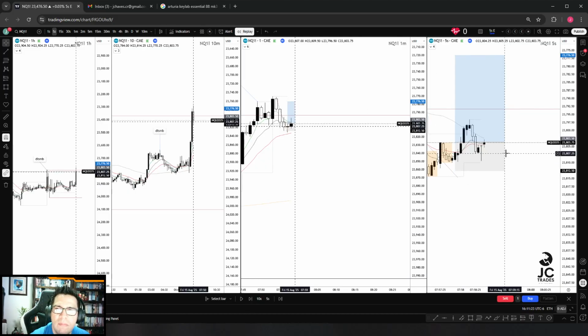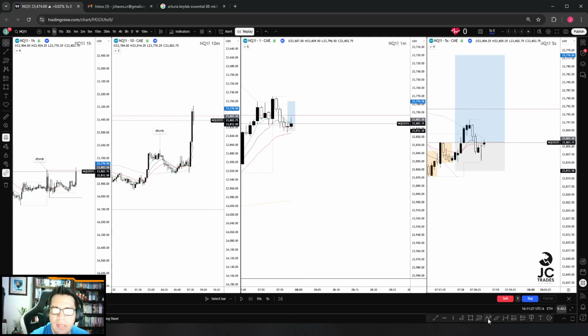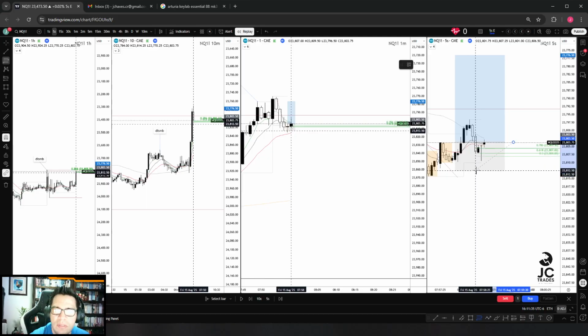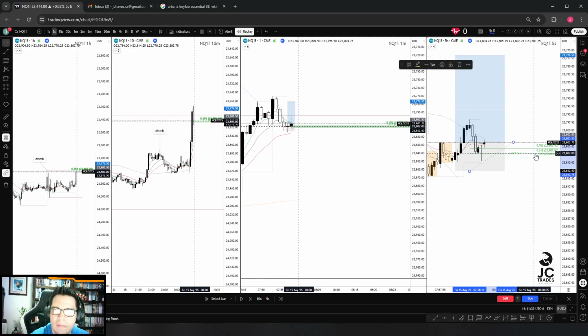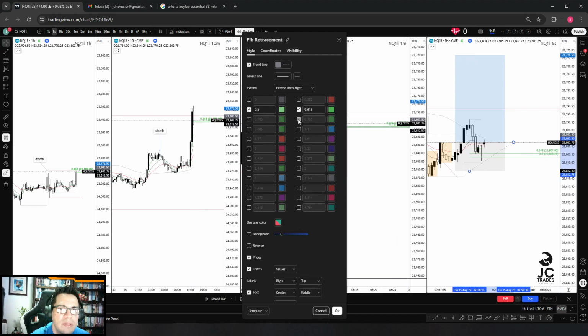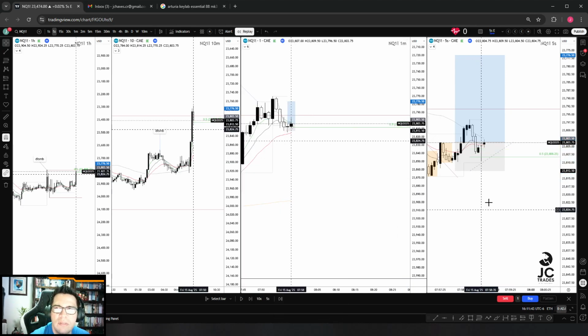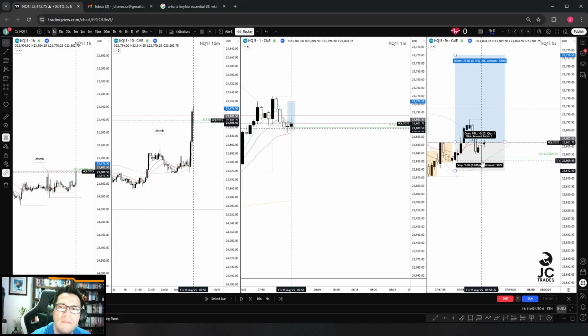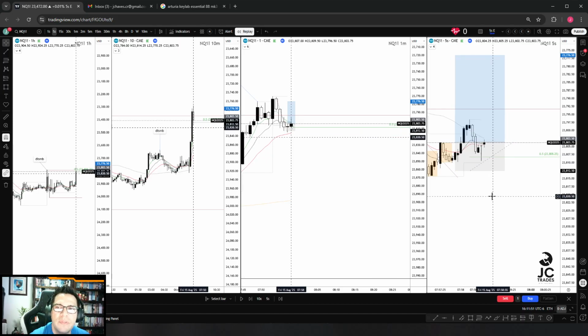Okay, now with this move here, I'm gonna just draw this using this tool here. So from this point, which is the entry, to this area here, I'm gonna use this tool. For clarity, I'm gonna just remove this and just leave it to see the 50%. This candle touches, goes above or over a 50% drawdown.